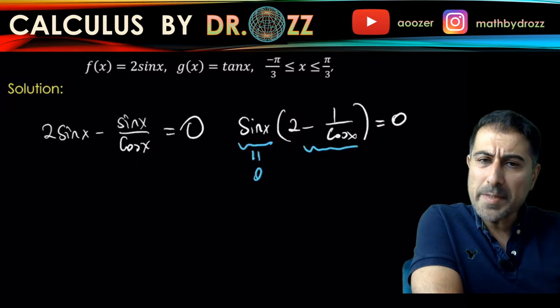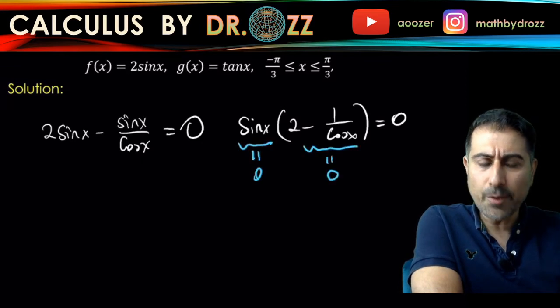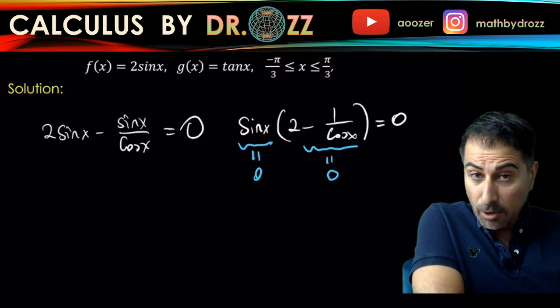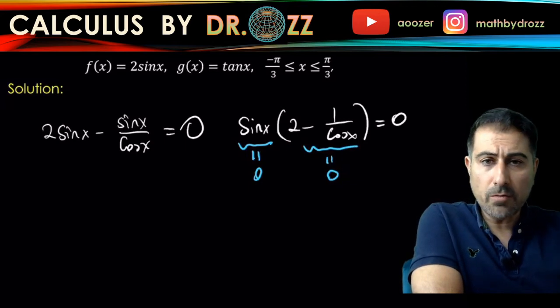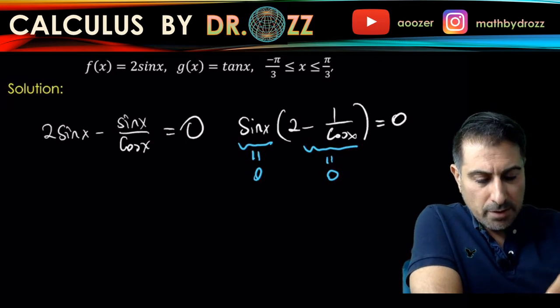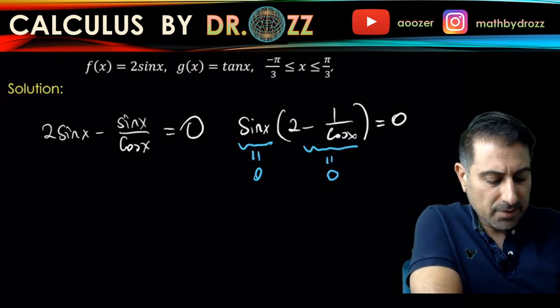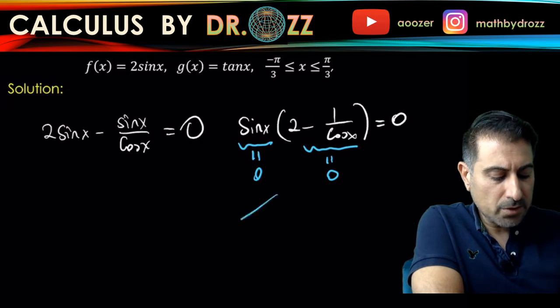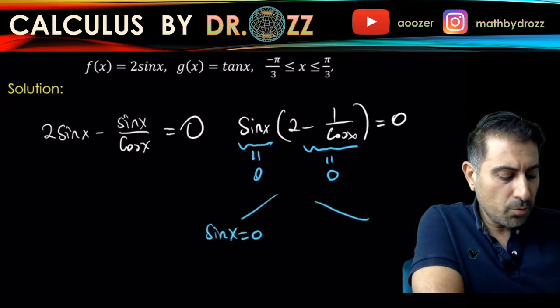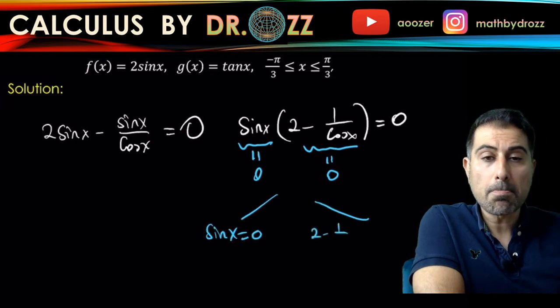And at this moment, since we're solving a trig equation, have your unit circle ready, because we may need that along the way to find x values here, okay? So one equation that I'm considering here is sine x equals 0.